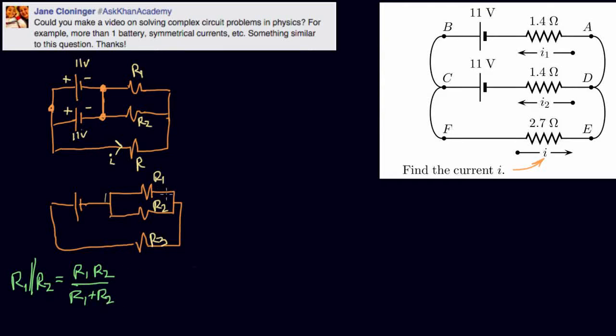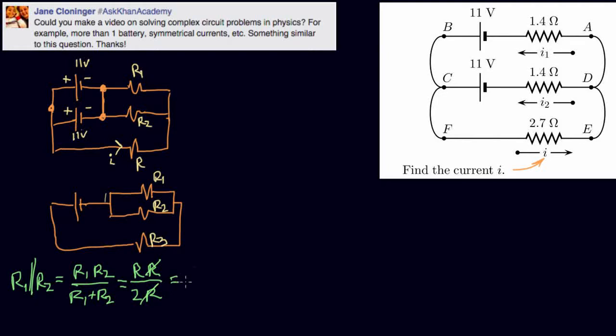We know that R1 and R2, if we look over here at our schematic, are the same value. And that has a special property in parallel resistors. So it's actually R over 2R, because those resistors are the same. And you can see I can cancel that, and I can cancel that.